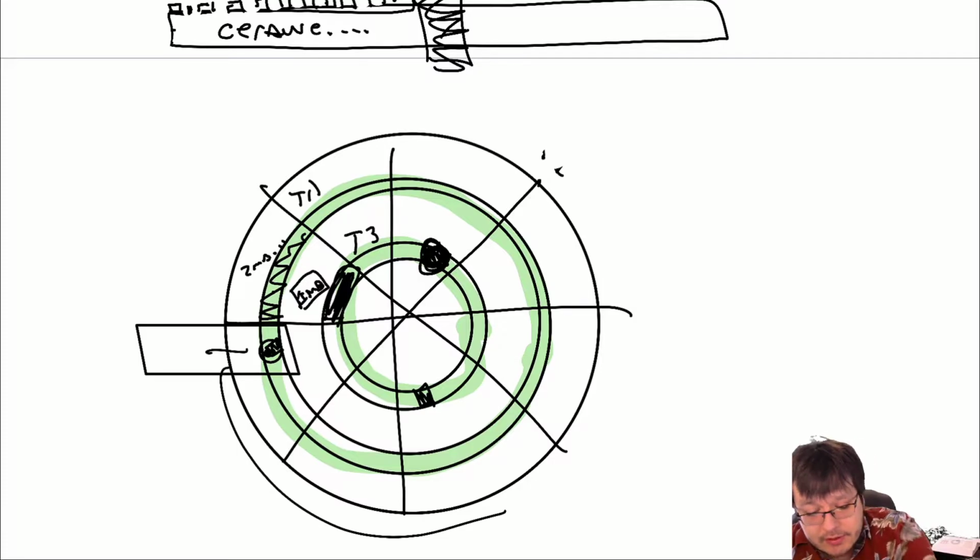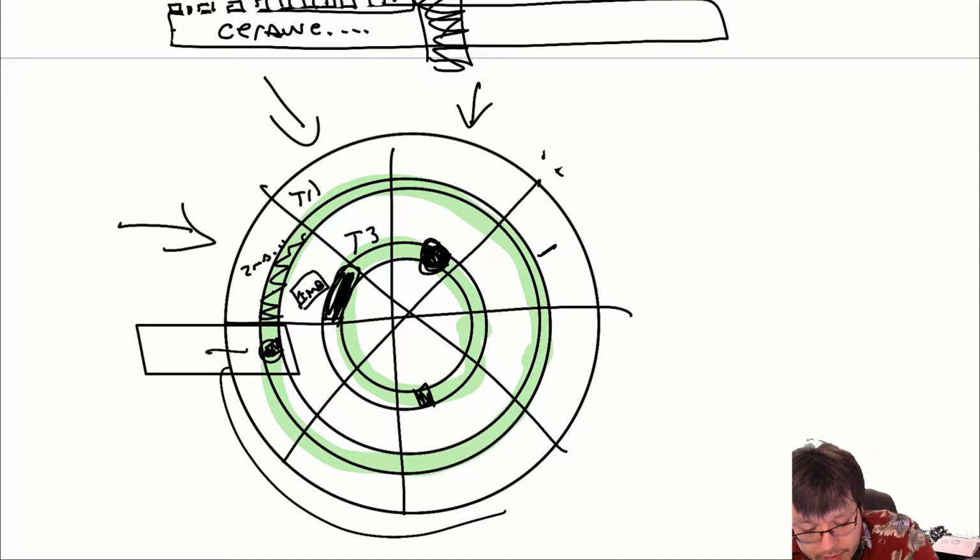Because if I know that there's data over here, I have to spin it halfway there. And think about it this way: let's say each of these sectors takes 1 second to read, right? If the innermost track can contain 1 megabyte of data, I can't make it contain more because it would mess things up.